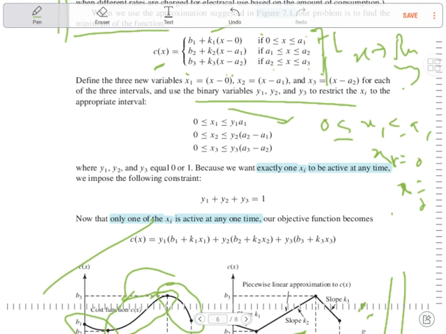Similarly x2 lies within 0 to y2 into a2 minus a1, and similarly x3 lies between 0 and y3 into a3 minus a2. Suppose x2 is x minus a1. If I break it here, if y2 is 0, then x2 is 0, no other possibility. But otherwise it will be x minus a1 sandwiched in between, taking y2 as 1.